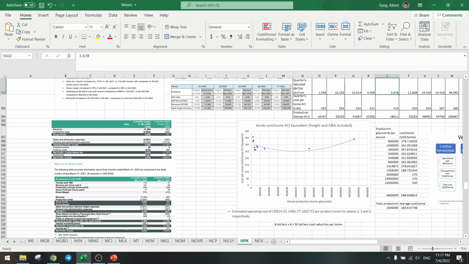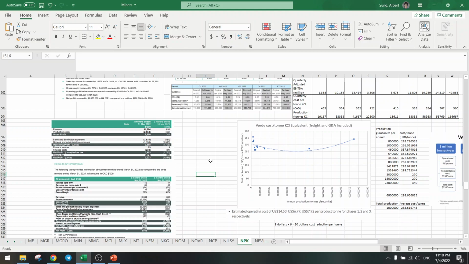To go from EBITDA to net profit, it's very easy. You just deduct 20% from it, right? So that's how you get to the net earnings. You take the EBITDA and you multiply it with 0.8, because net earnings are 80% of the EBITDA.